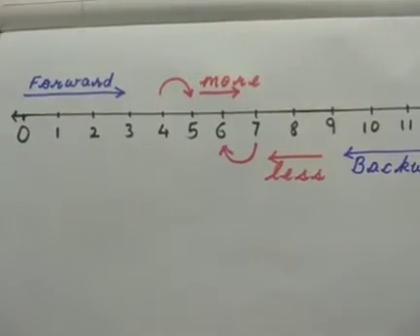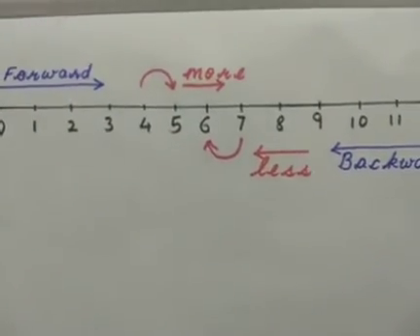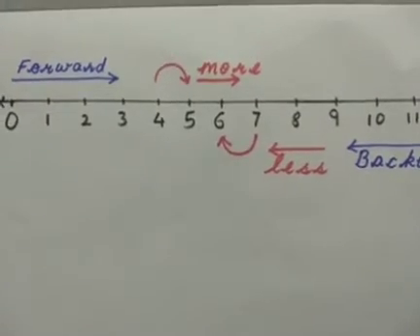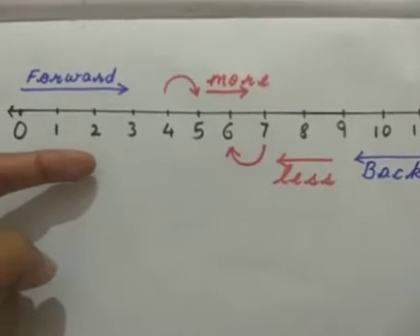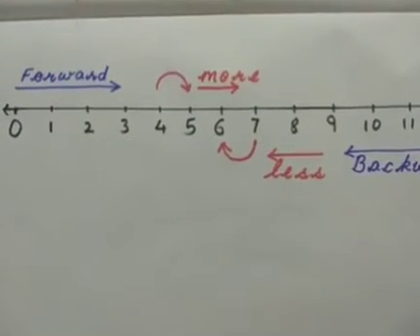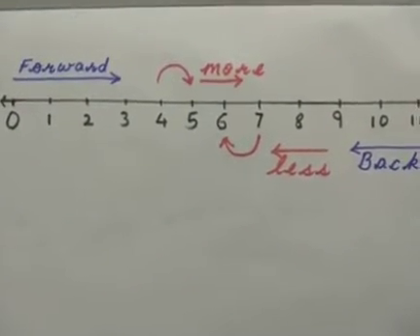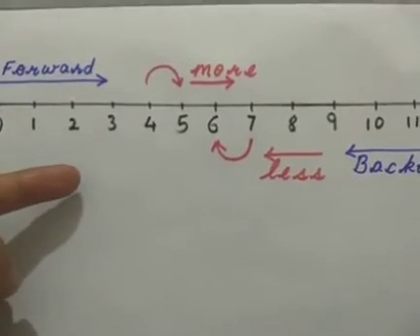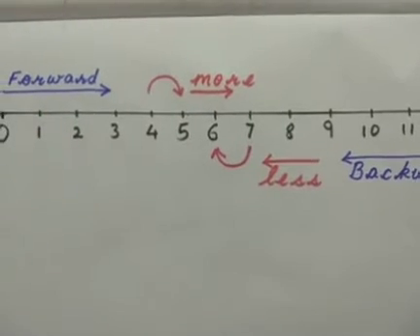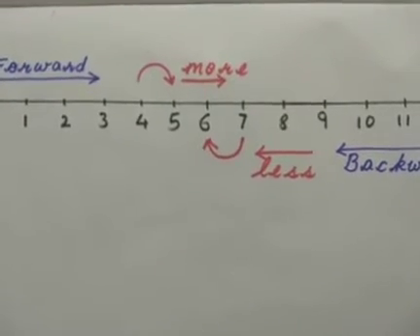We go to 2. So which number is bigger? 1 or 2? Of course, 2 is bigger, yes? Now, 2 is bigger, but how much bigger is it than 1? How much more is it than 1? It is 1 more than 1 is 2.